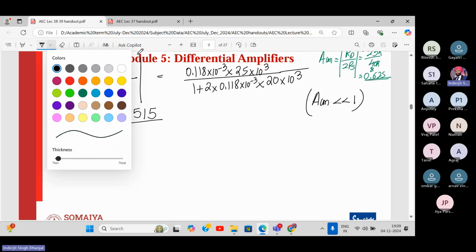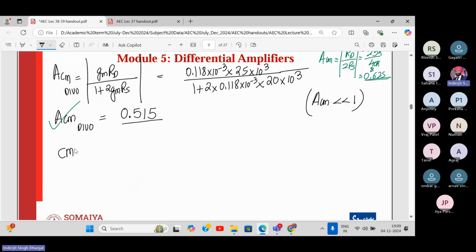Now next we have to calculate CMRR. Remember, this is a very important numerical. High chances are that this will come with different values in the exam. So don't skip this. Either this, or the derivations, or the DC transfer characteristics, or the functionality of the differential amplifier. So this is AD upon ACM. That will be 1.48 divided by 0.515.